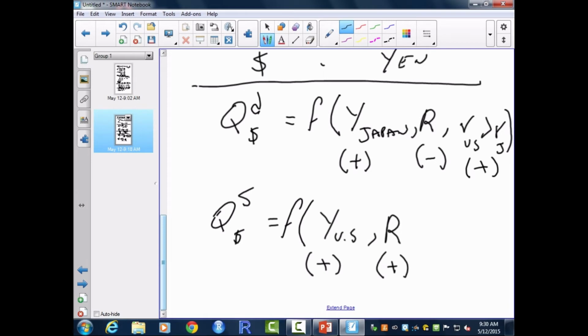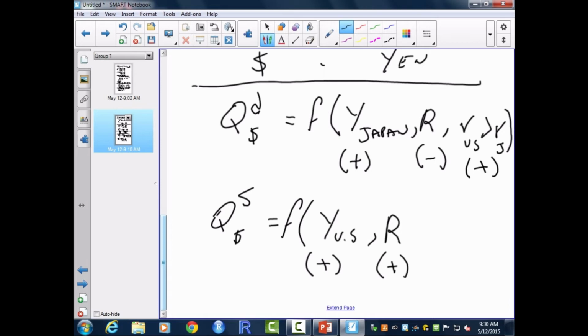Assuming prices in Japan remain the same, our dollar has more purchasing power over Japanese goods and services. So our demand for Japanese goods and services will go up when our currency is strong.